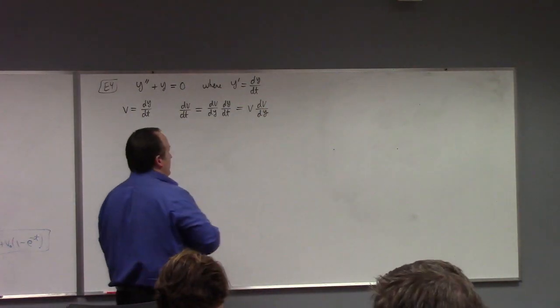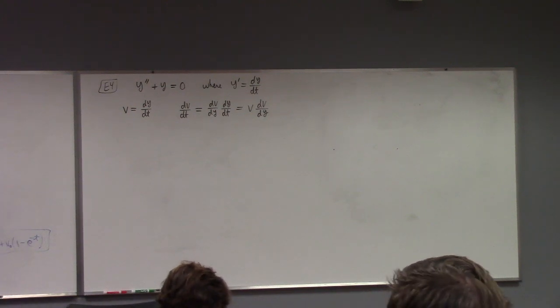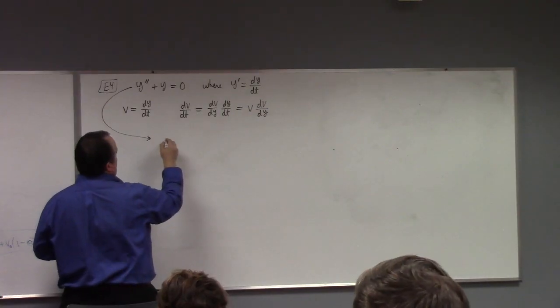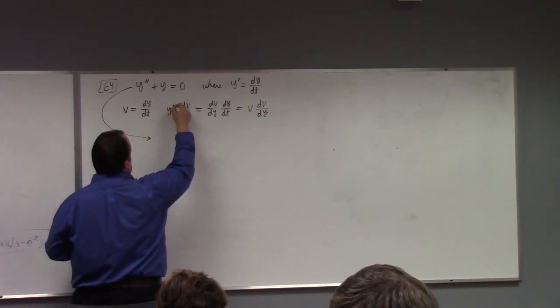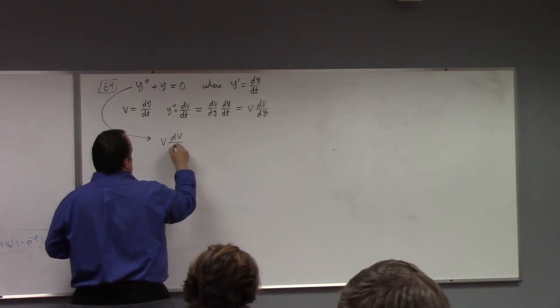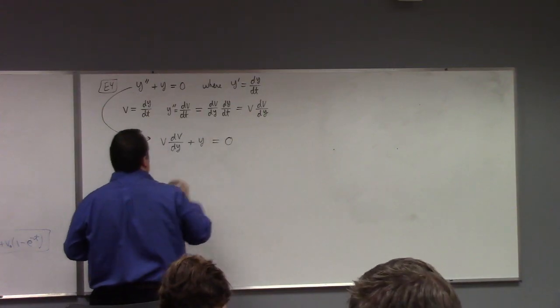So I can recast the acceleration as v dv dy. And as such, making that substitution, I can trade out my y prime prime for v dv dy plus y equals 0.